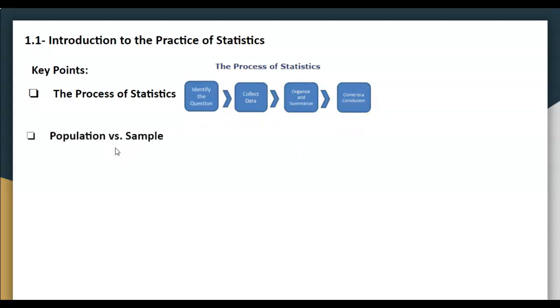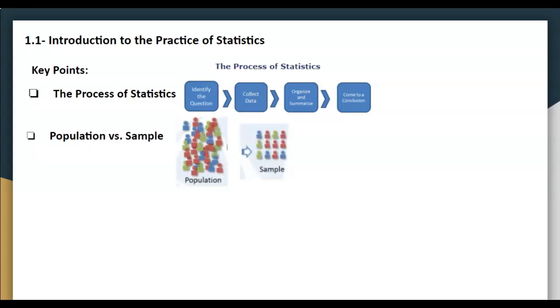We also talked about the population versus sample, where population is everybody and sample is the subset of the population. We have also talked about parameter versus statistic. When we calculate something about the population, that's the parameter, and when we calculate something about the sample, it's a statistic.